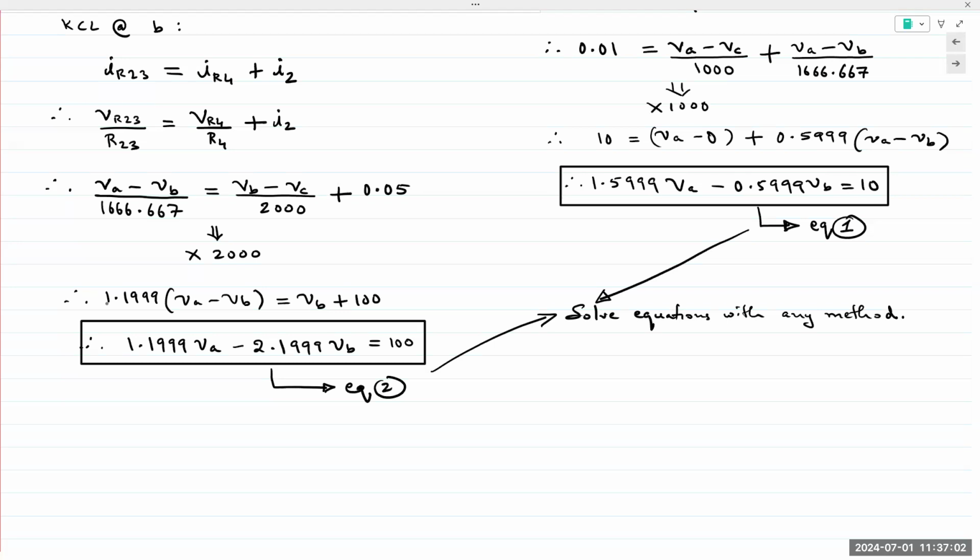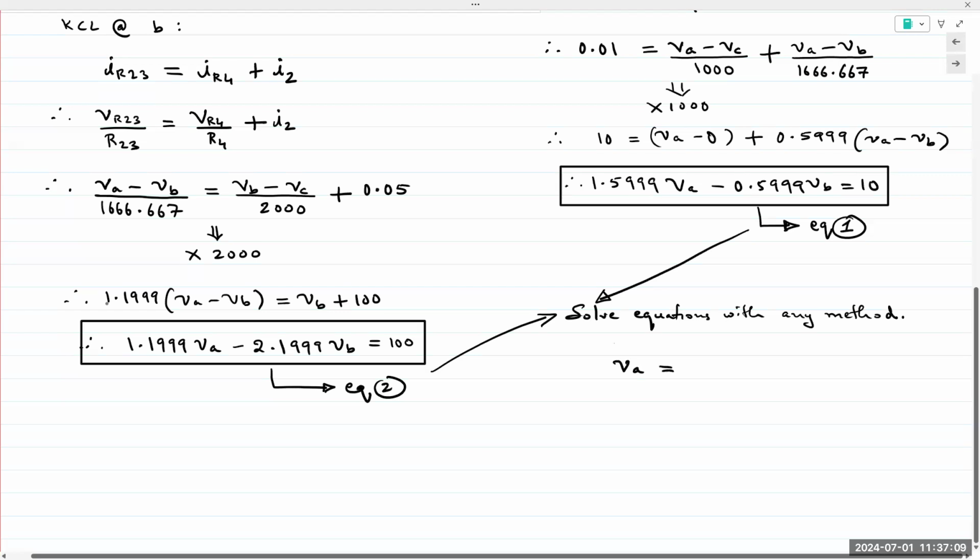Once you solve these, the answers: VA is minus 13.569 volts and VB is minus 52.857 volts.